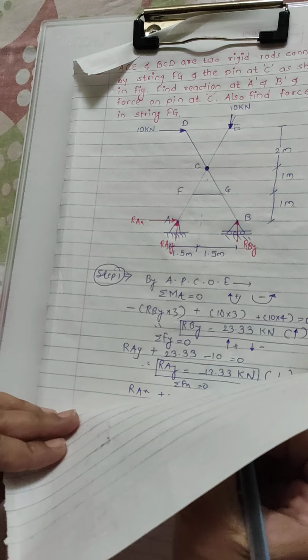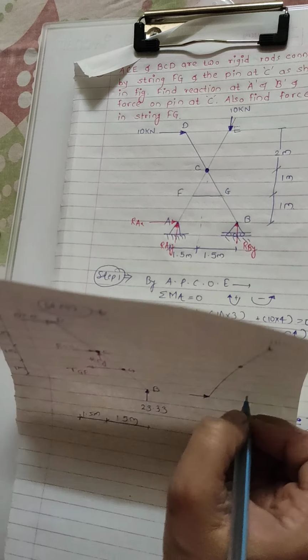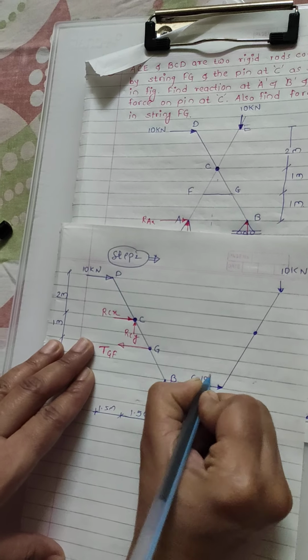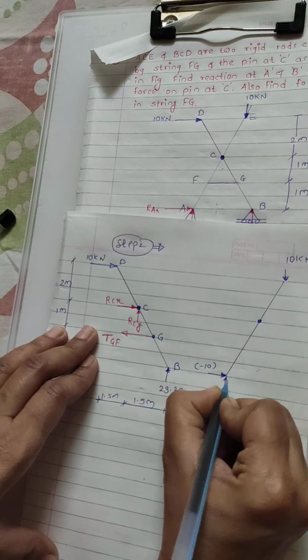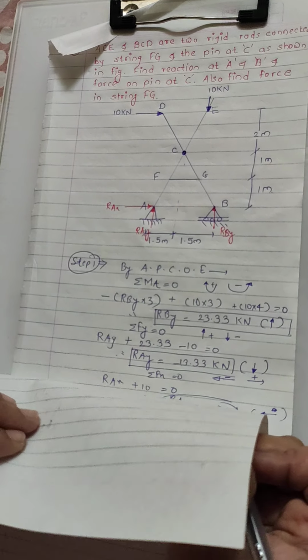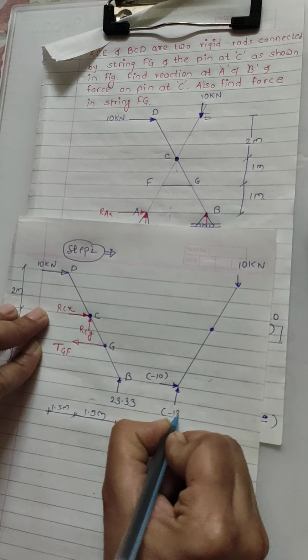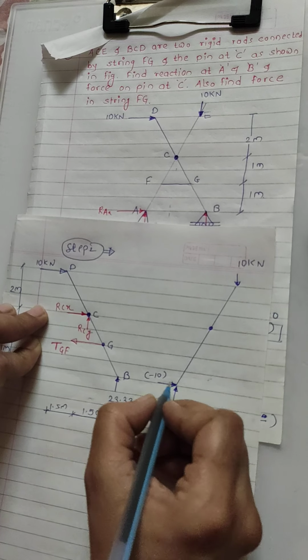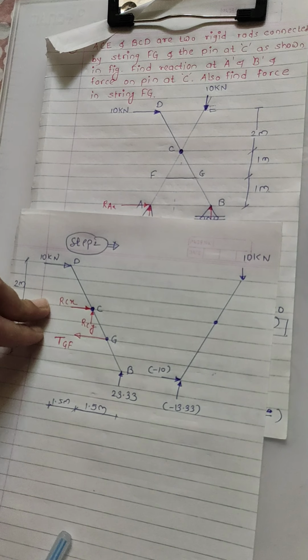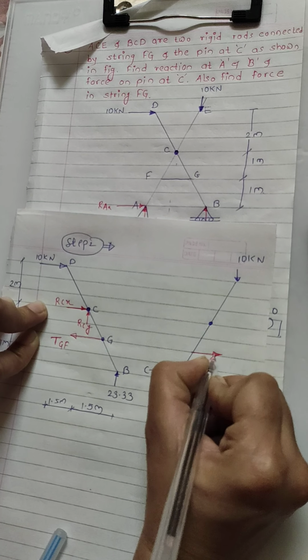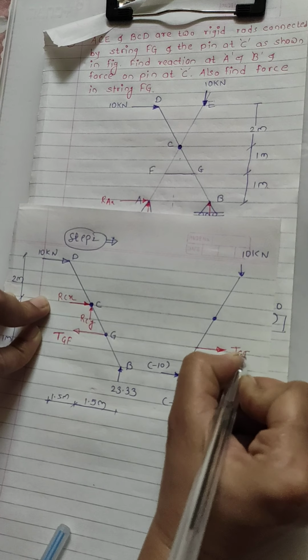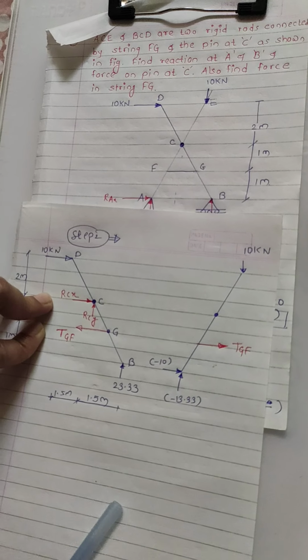The value of RAX is minus 10, but I am keeping the previous assumption with the negative sign, and the value of RAY is minus 13.33. Here there is a tensile force. So for this member, tensile force will act away from the object. We can call it TGF or TFG, whatever it may be.